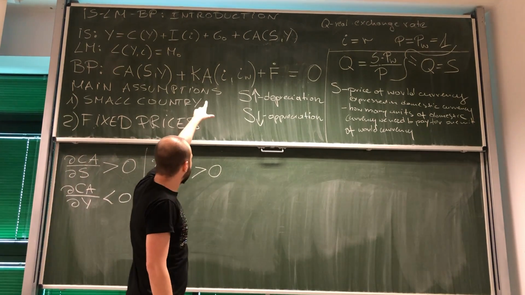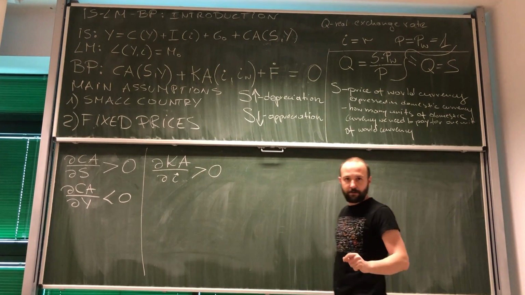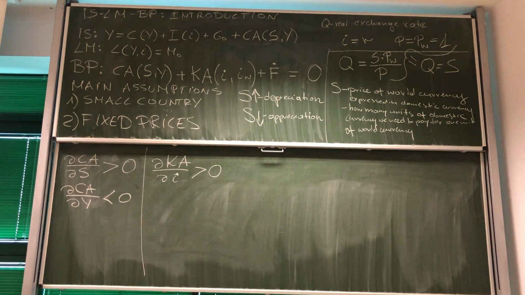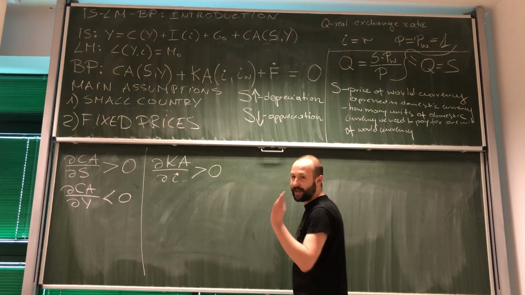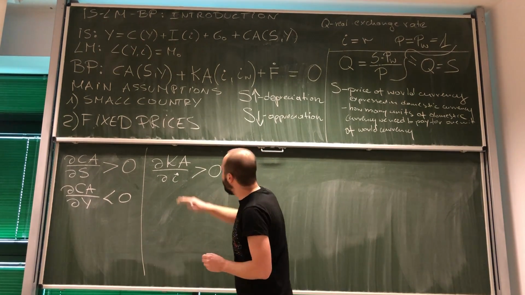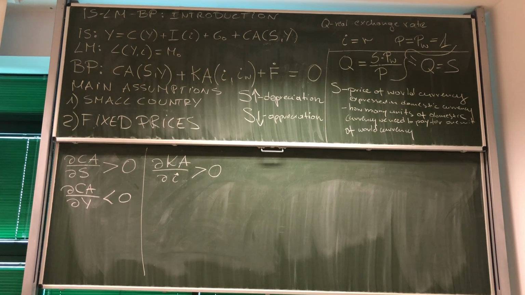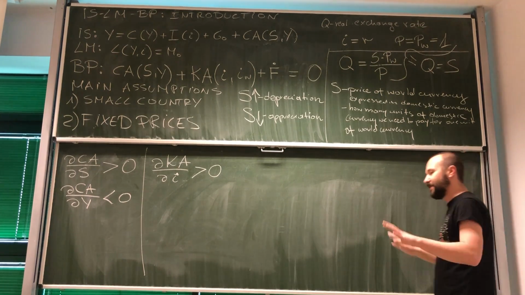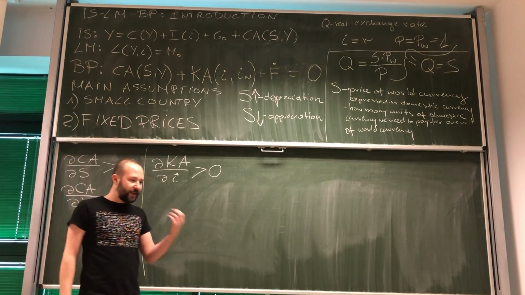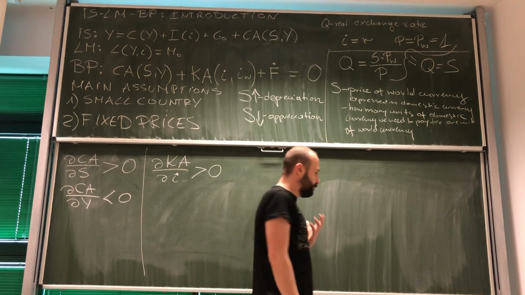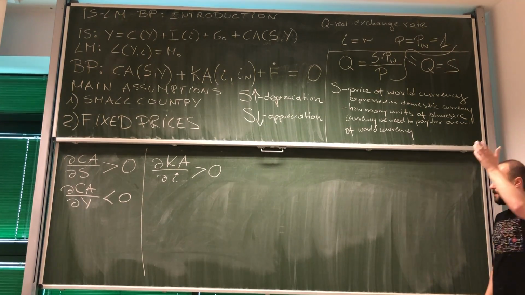What is important to us in this context is: if interest rate at home increases while interest rate in the rest of the world stays the same, what happens? It means that the rate of return on our bonds is going up, right?